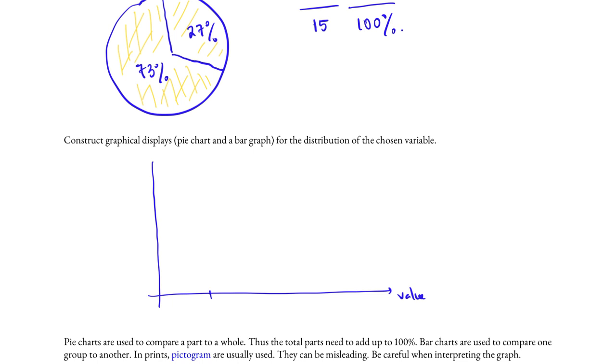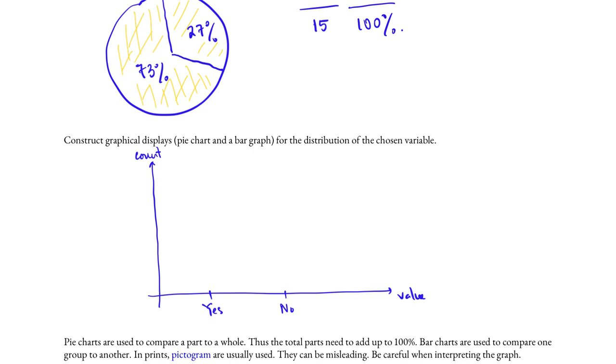In this case, it is either yes or no. It doesn't matter whether we put no first or yes first. And then we put either the count or the percentage. Regardless of whether we decide to use the count or the percentage, the height of each value should be the same.